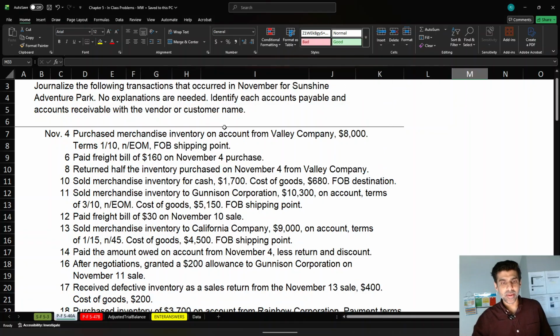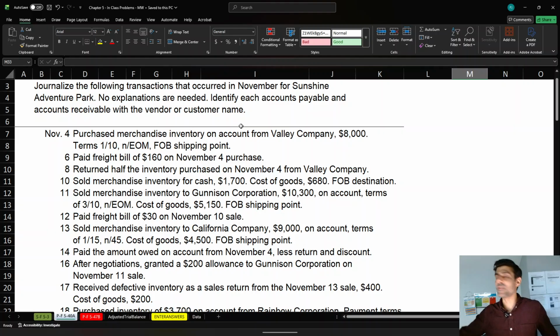Okay, so the first one, purchased merchandise inventory. The first question is quite obvious. This is a purchase transaction. We're buying inventory, so inventory is going to be one of our accounts, and we're buying on account. So is it accounts receivable or payable? Payable, right?